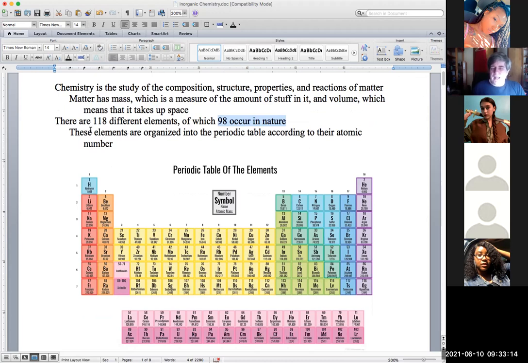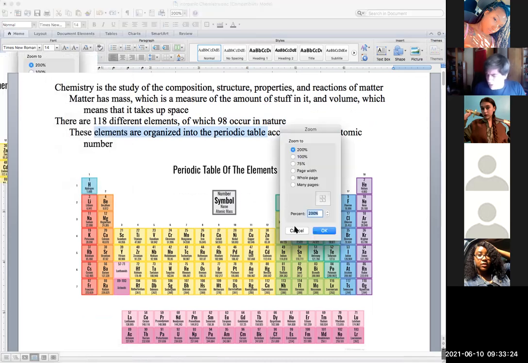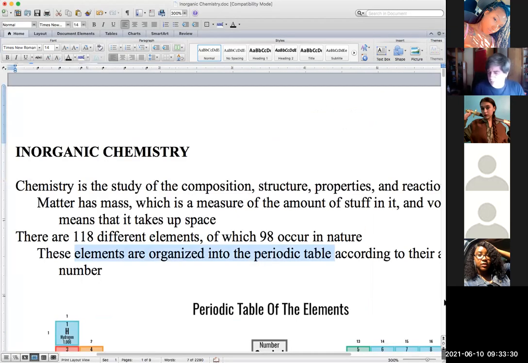Now, the elements are organized into something called a periodic table. And I'm going to magnify this for just a moment so that it's a little bit more legible, to show something that I want to show.